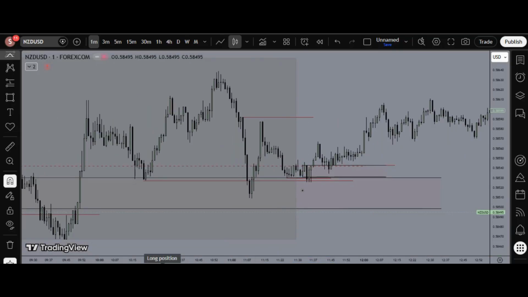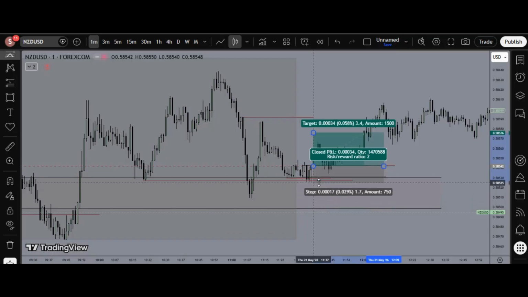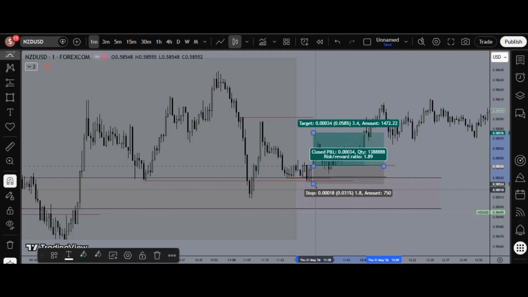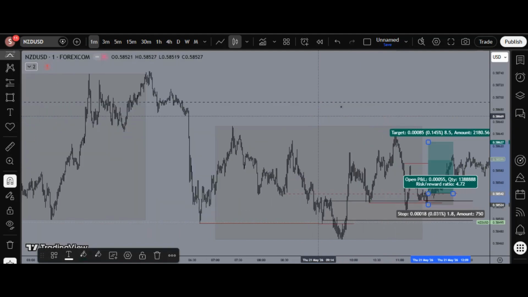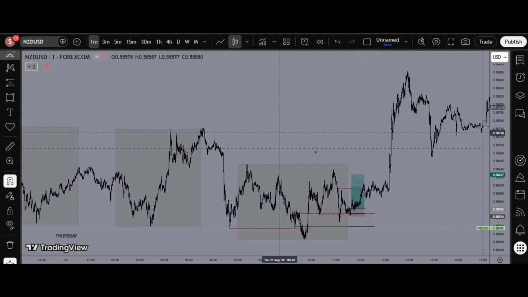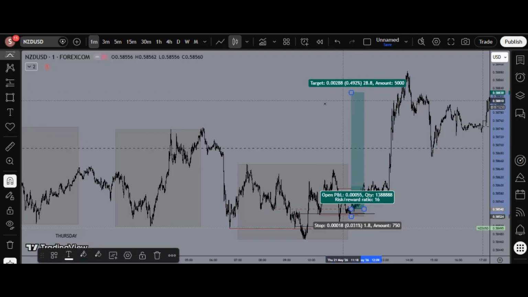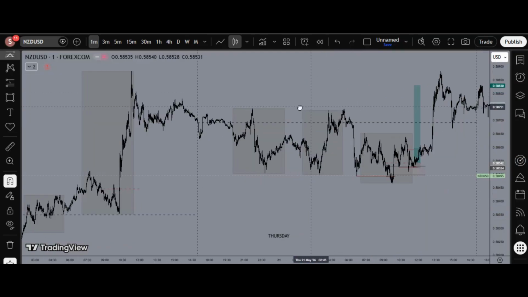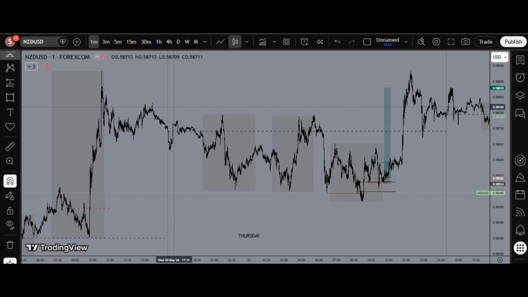So you place your trade on that breaker. Stop loss is 1.7 pips or 1.8. You can take two pips, okay, because of spread. Now you target these highs, because these are liquidity.